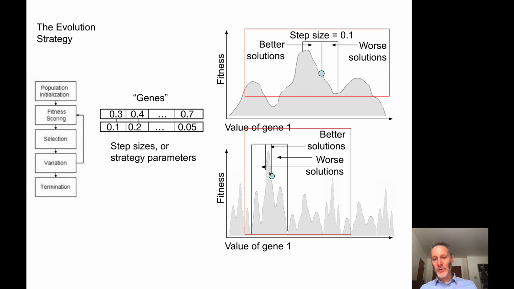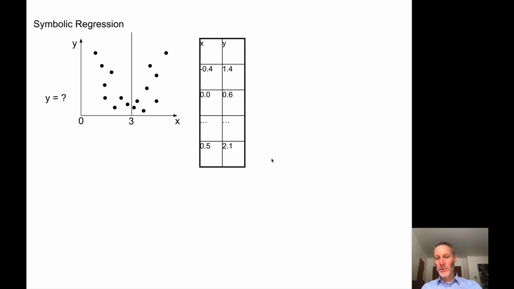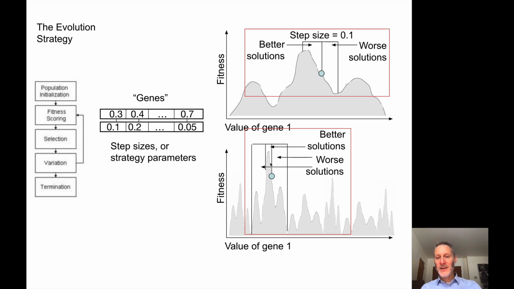Those parents are going to produce children that fall further away from it. The parent that just by chance is producing more similar children, its descendants will start climbing this peak better than the parent that's producing children that are further from it. And we're going to end up with more genotypes in the population with smaller step sizes.